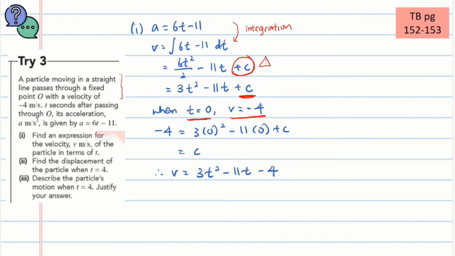So we substitute this information into our expression for v. Negative 4 is equal to 3(0) squared minus 11(0) plus c. So c is equal to negative 4, and therefore v is equal to 3t squared minus 11t minus 4.